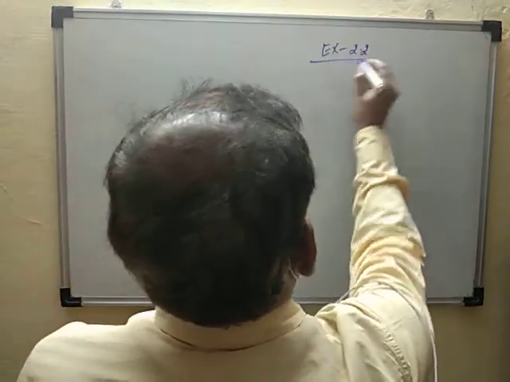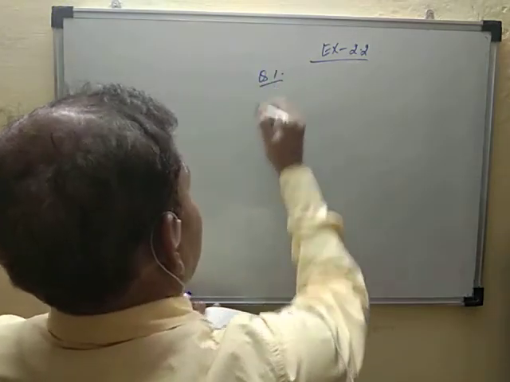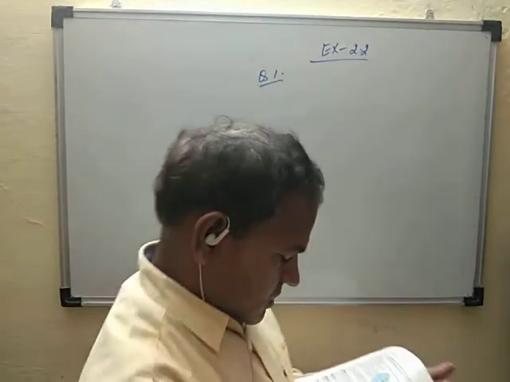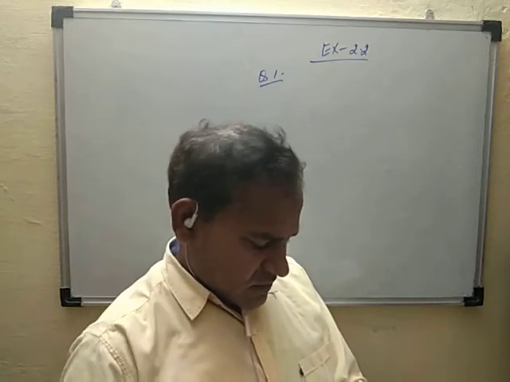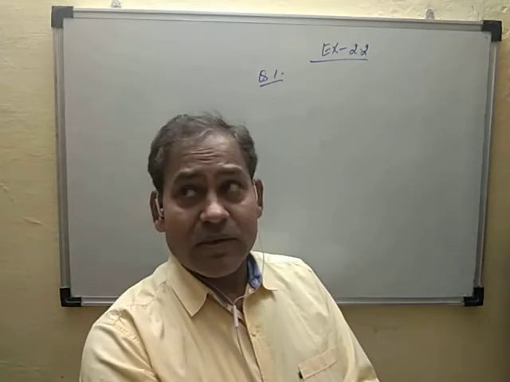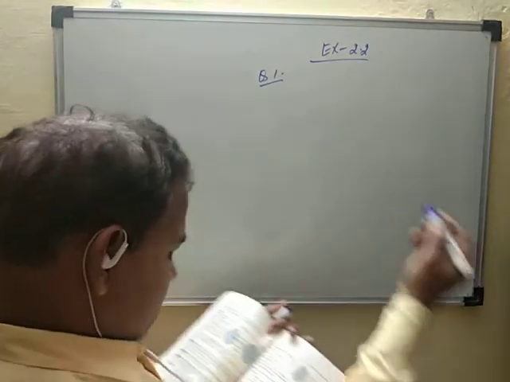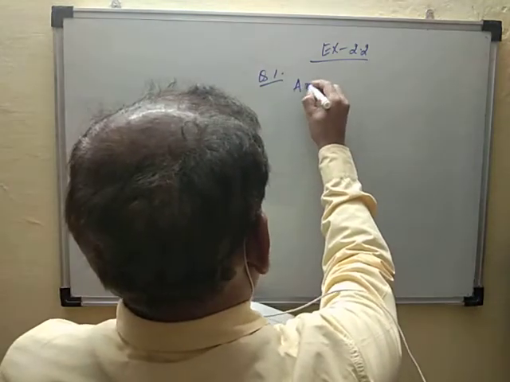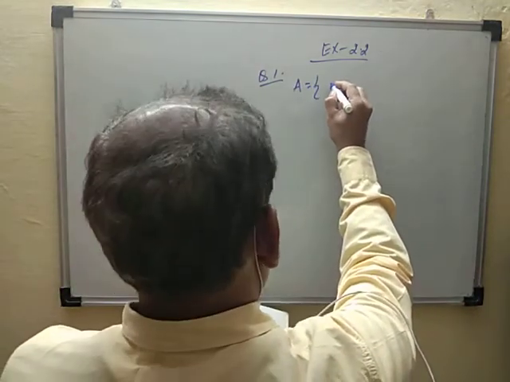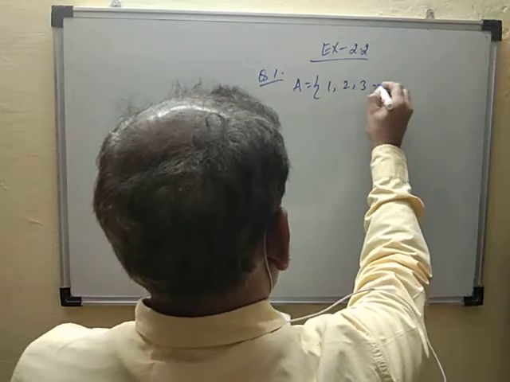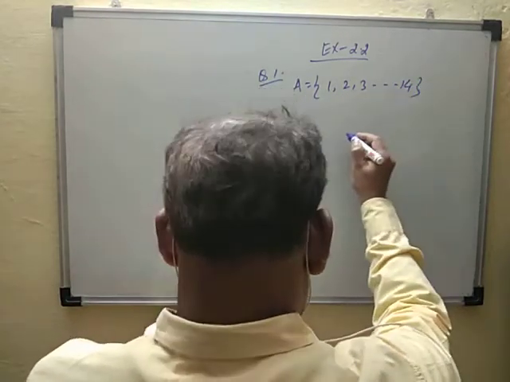Exercise 2.2. Question number 1. Set A is given. A is equal to {1, 2, 3, and so on up to 14}.